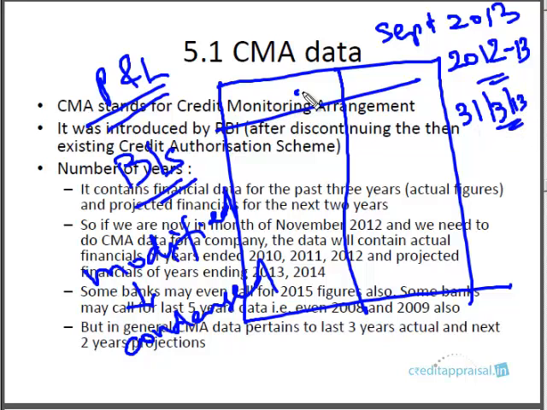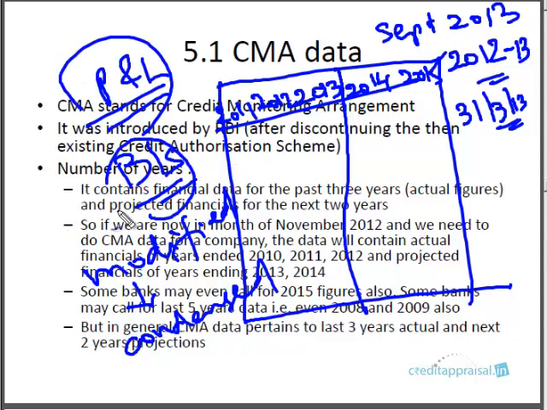So the CMA data provides data for the last 3 years actuals. So we have 3 years actuals, 2011, 2012, 2013, and then we have projections for the next 2 years. So what we do is we provide a condensed P&L and a condensed balance sheet for the past 3 actual years and the 2 projected years. This is basically what CMA data is.